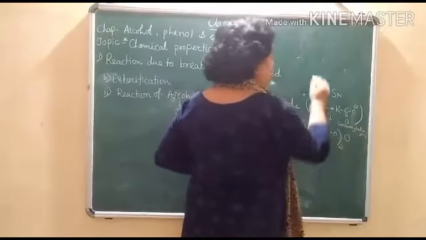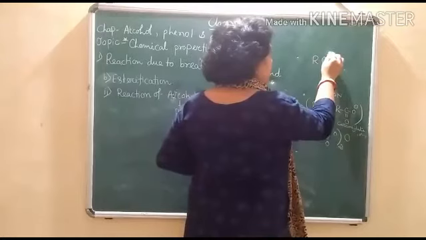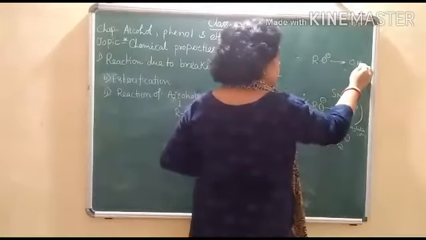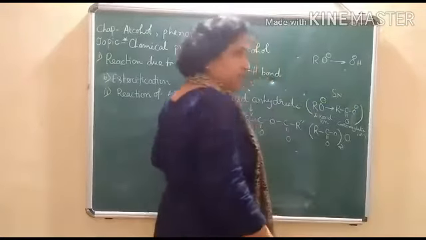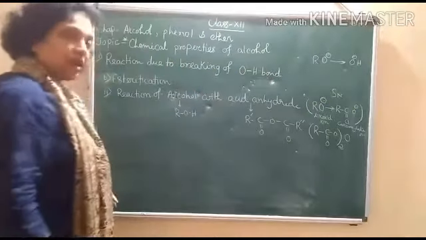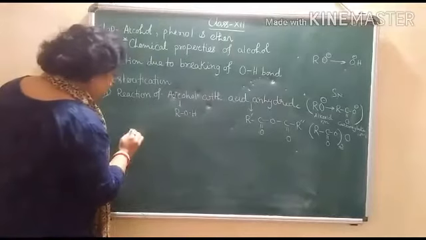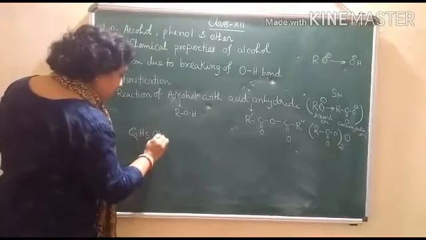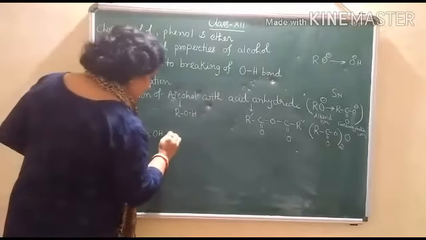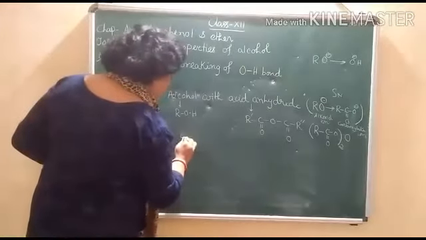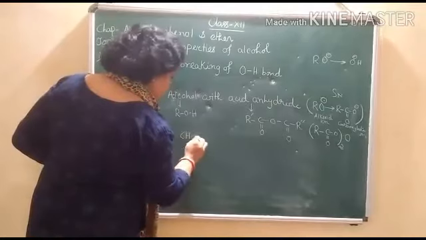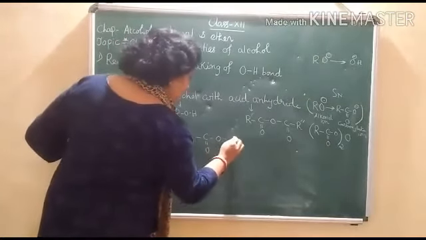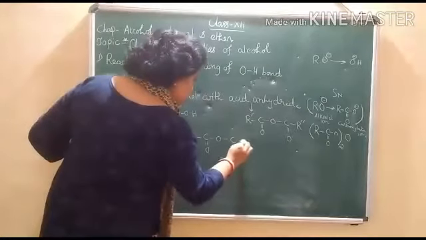Alkoxide ion will exchange with carboxylate ion. In the previous one, what have we done? RO minus, that is alkoxide, exchanged with OH. So if you understand who is exchanging, then the product is easy. First I write ethanol, C2H5OH, reacting with this one, R, I am taking different, CH3, C double bond O, O, C double bond O, CH3.